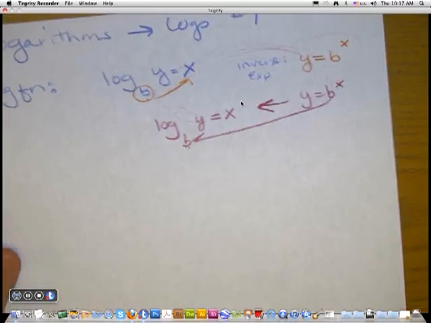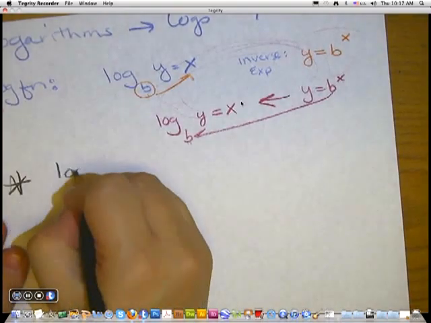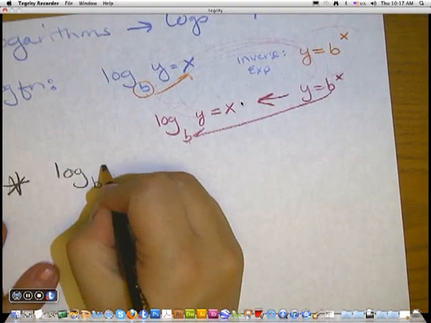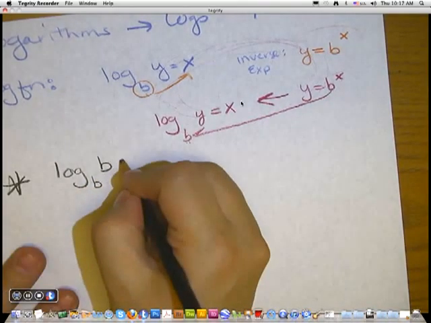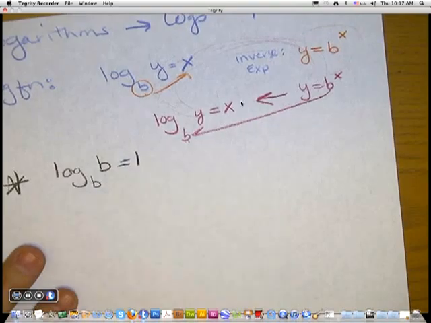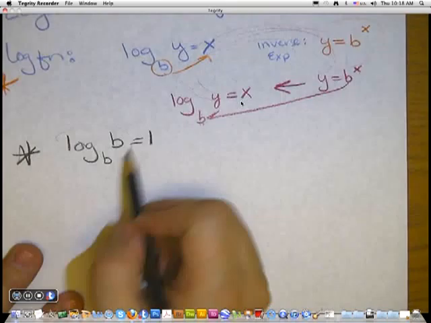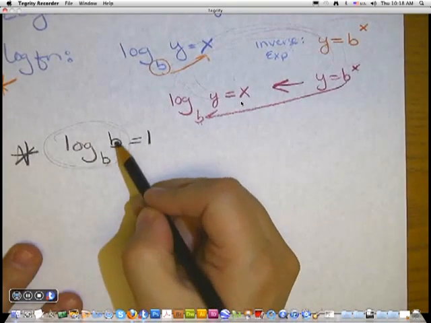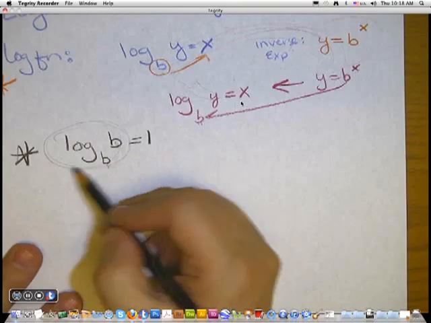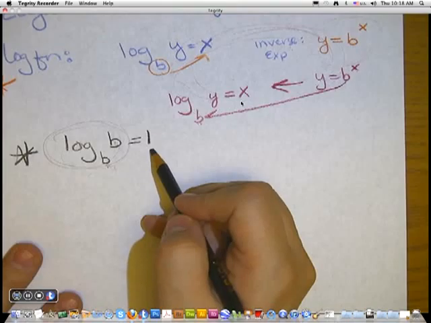All right, a couple of properties that you need to know. The first one is that if I have log base b of b, its value is 1. This will always be the case. If the base and the number are the same, the value of the log is 1.